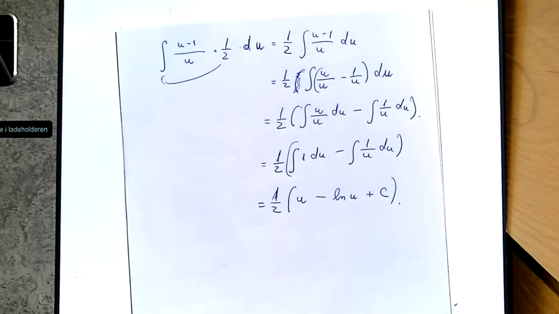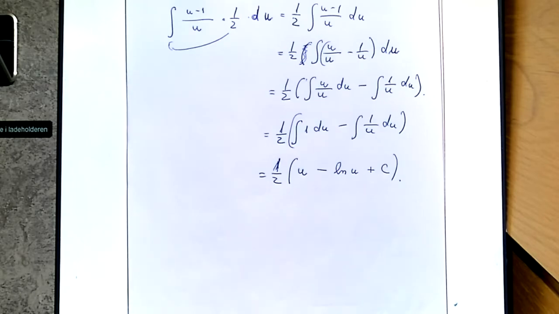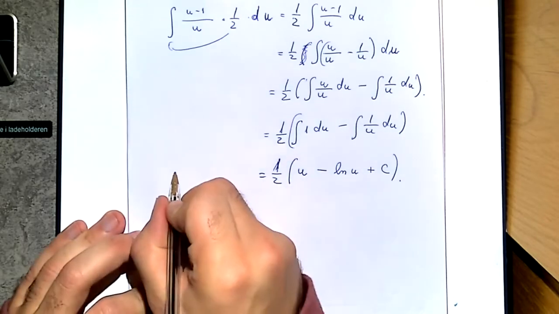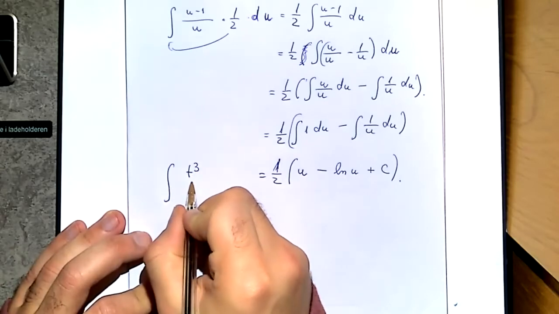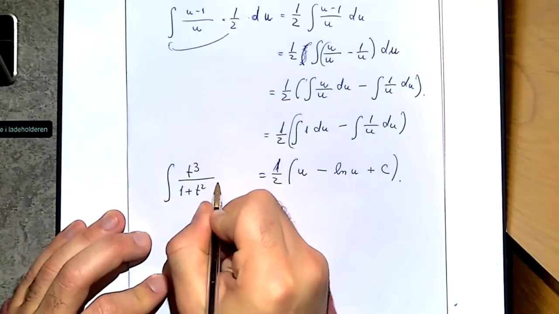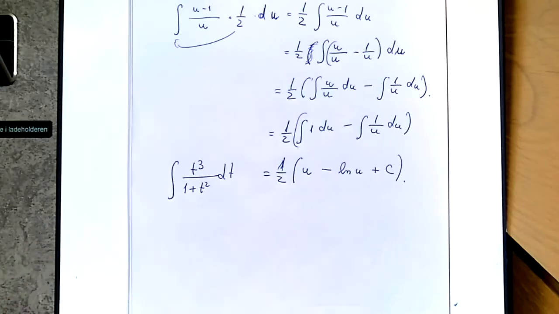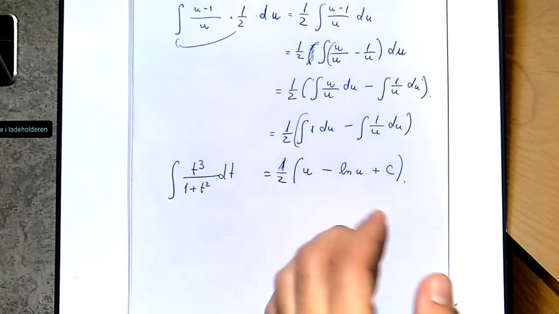Almost. Remember where we started. We started at the integral of t to the third over 1 plus t squared dt is equal to this. Again, when you're applying substitution in indefinite integrals, always replace in the end, so you get the correct answer that you want. Remember, by definition, if I take the derivative of the right side, I have to get the left side.